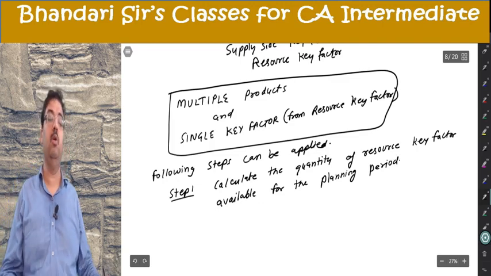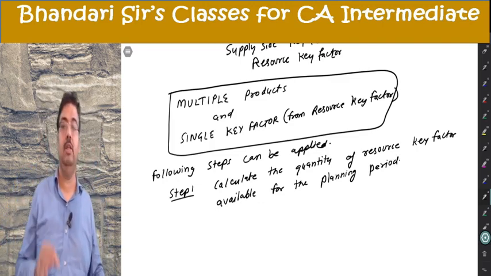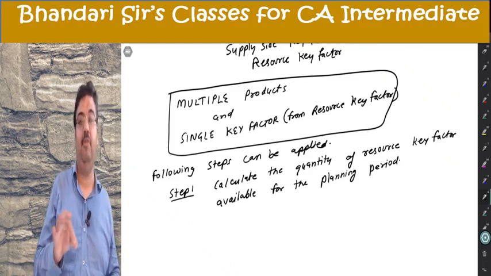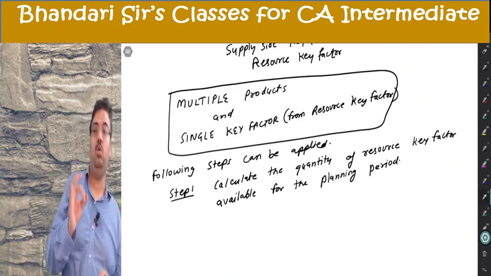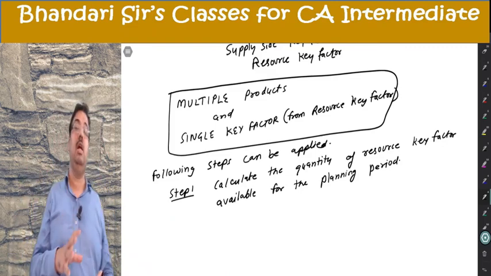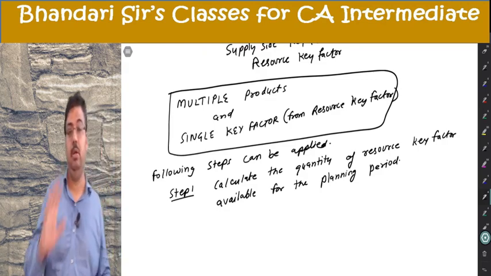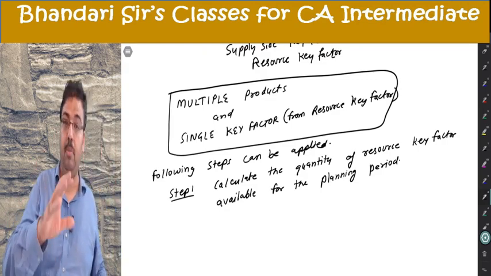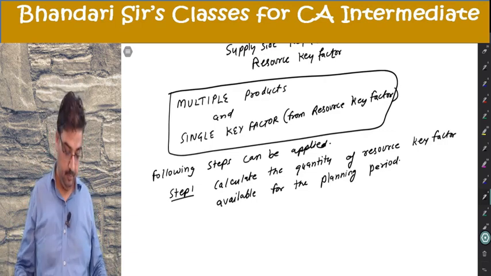Whatever period you are going to plan for, you have to check what is the quantity of that resource key factor available. If it is labor hours, what are total labor hours available in that particular department? If it is machine hours, how many total machine hours will be available? If it is raw material, how much kg or unit of raw material will be available?